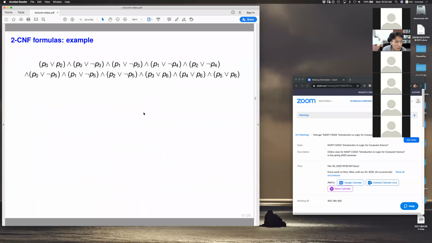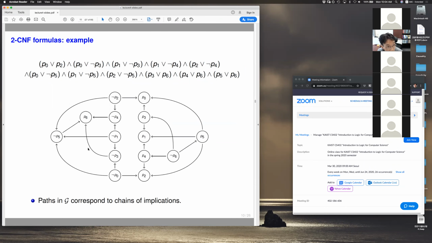Here is an example of this implication graph. It's a bit complicated, but I will emphasize only one thing. All the vertices are either propositional variables or their negations, so all the possible literals that can appear in the formula are vertices. For the clause P0 or P2, it generated two implications.